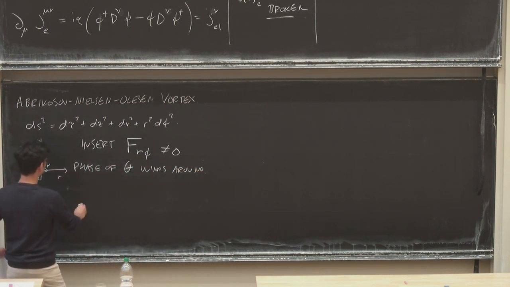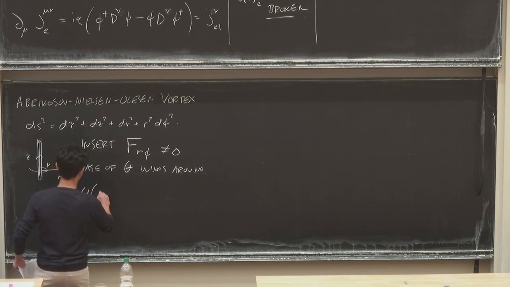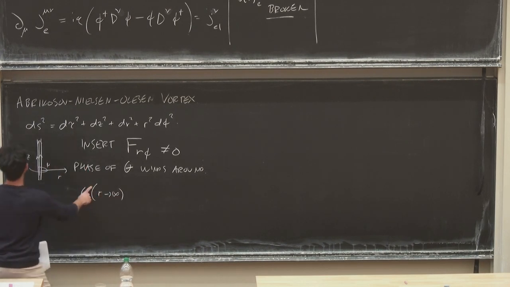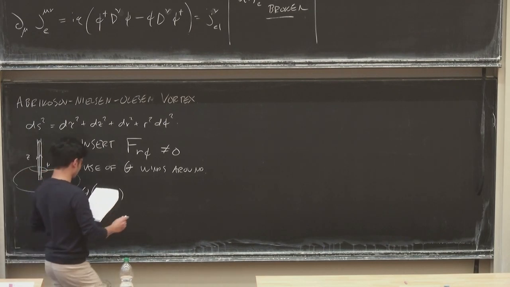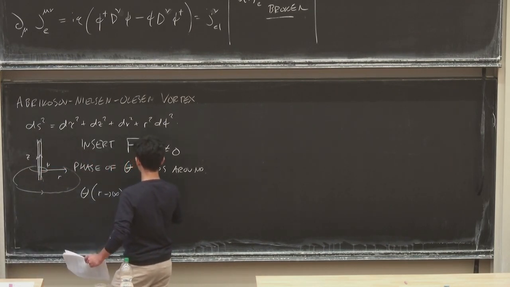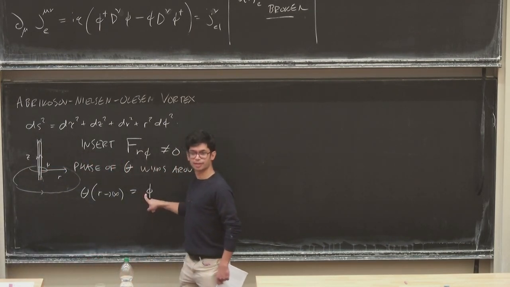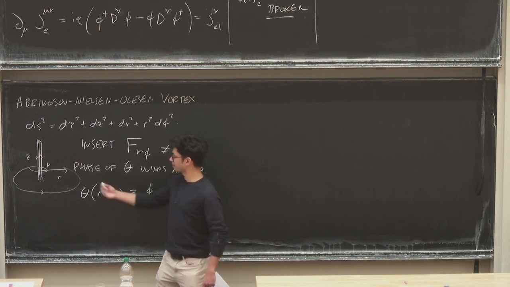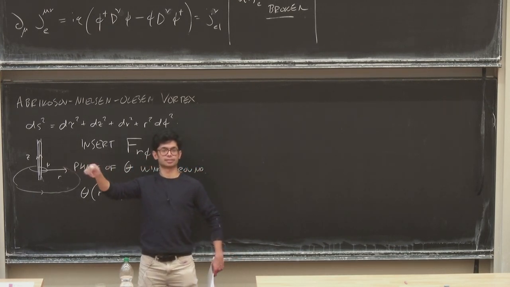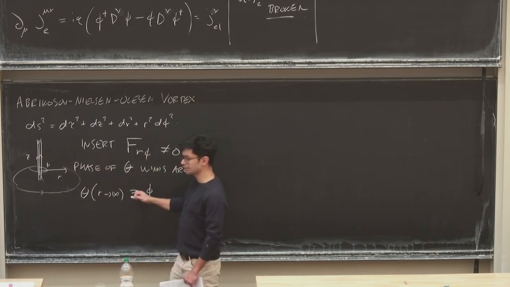In other words, if you look at θ, the phase of the scalar field at large distances from the vortex, it winds around some integer number of times. I'm going to take it to wind around once, okay? So when I say θ is equal to φ, that means if you're at some large distance, this thing winds around once. You can make this any integer, but once is the simplest.